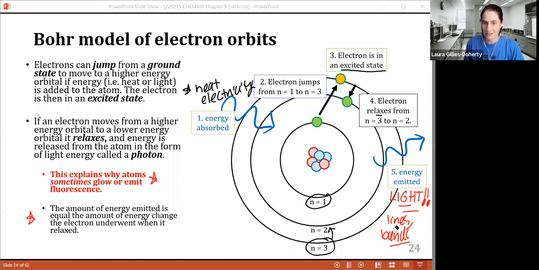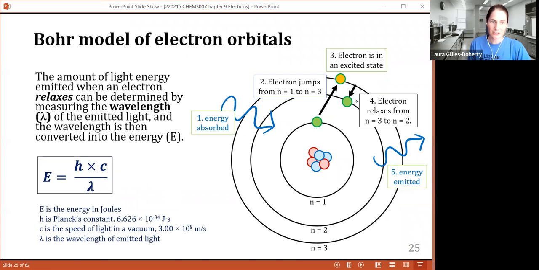And because energy can't be created or destroyed, the amount of energy of this relaxation must equal the amount of energy that's being let out. A whole bunch came in, it went to exciting the electron, the electron relaxed a little bit, and so the leftover was let out. And so we can figure out the difference between these two energy levels based on how much light was let out.